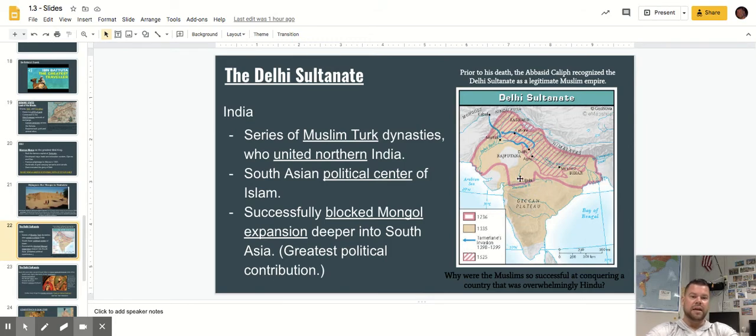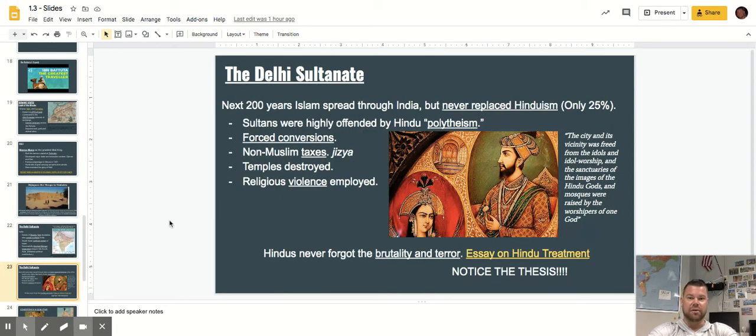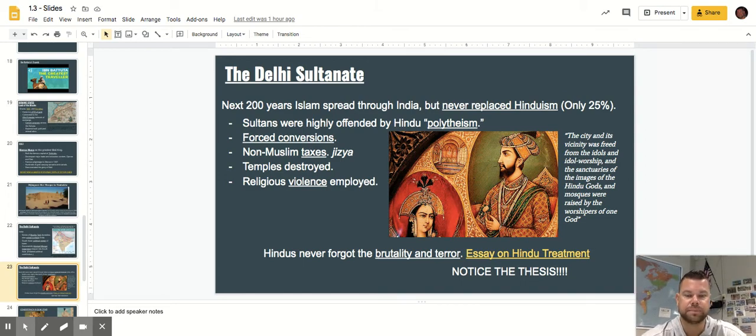So again, you have that regionalism, and they weren't united and they weren't connected. So in being that fragmented, you had this organized, militaristic, Turkic horse driven dynasty that comes in and basically takes over a land that had a lot of Hindus and became a minority leader. This is a key concept when you talk about cultural interactions, especially in India.